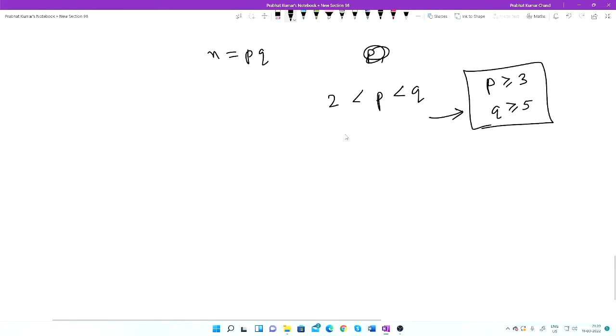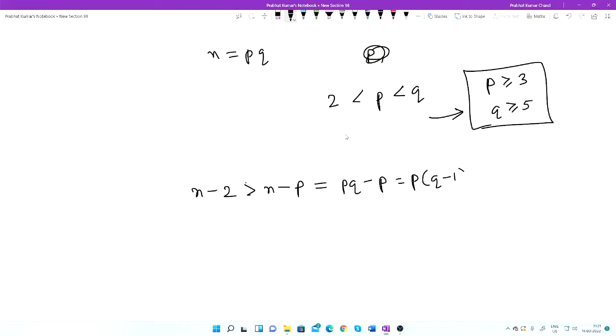So what we can show here is that, again we use the same inequality. So n minus 2 is greater than n minus p, because p is at least 3. So n is of this form pq, so pq minus p, a similar thing to what we have done in the previous case, which is p into q minus 1. Since q is at least 5, this is greater than or equal to p times 5 minus 1, that is 4p, right?